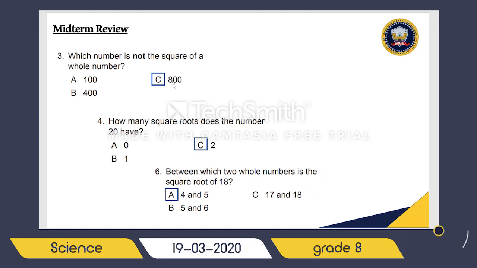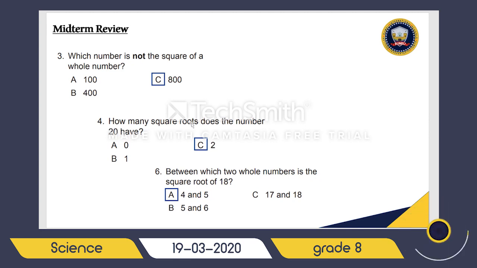What does it mean? It means the square root of 800 is a number that contains a decimal. In fact, the square root of 800 is 28.28427125 and so on. So it's not a whole number, so the answer is C.